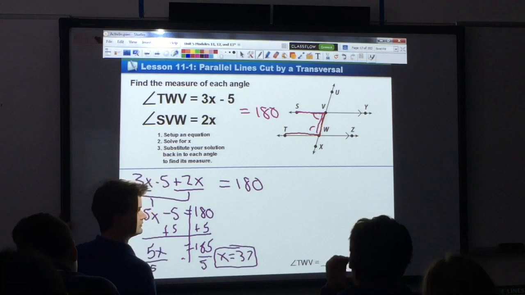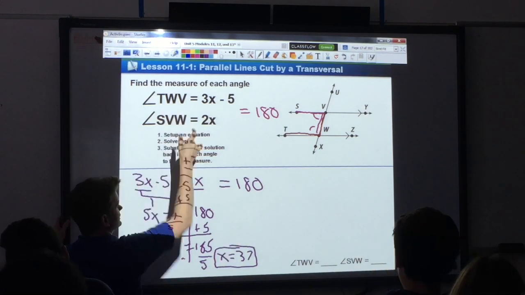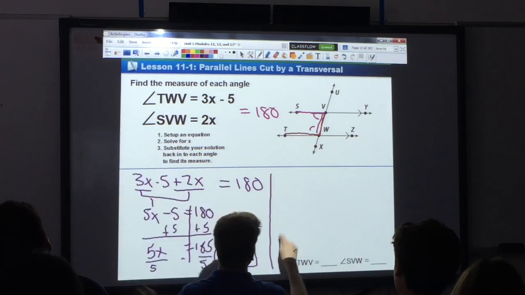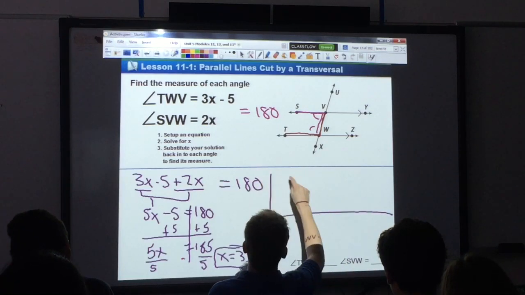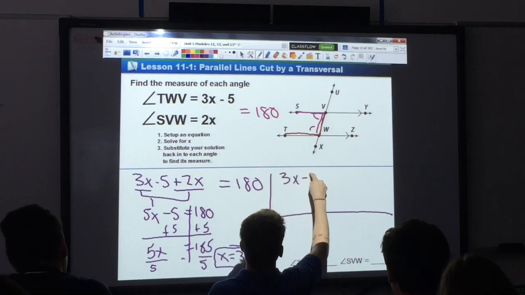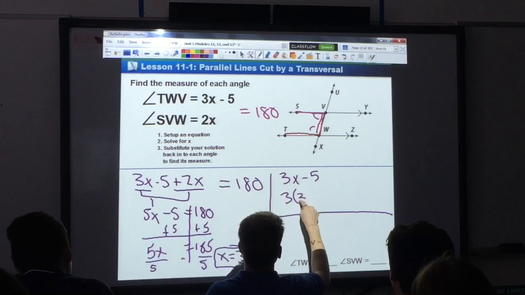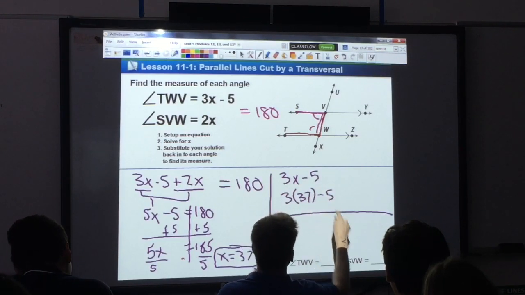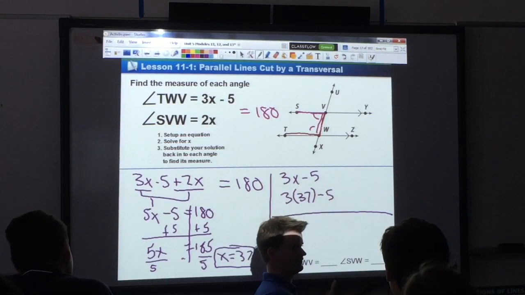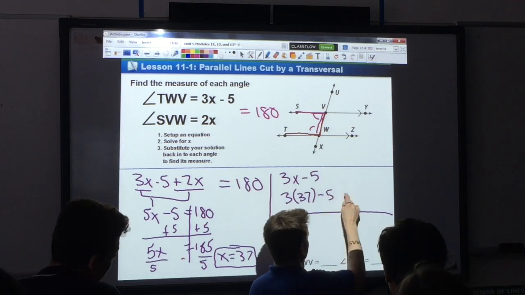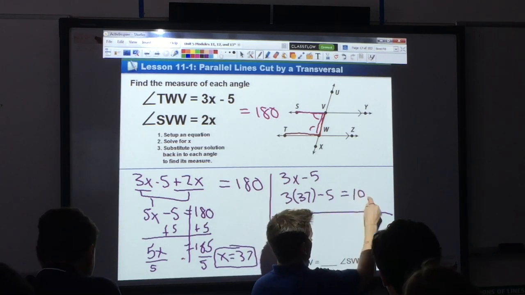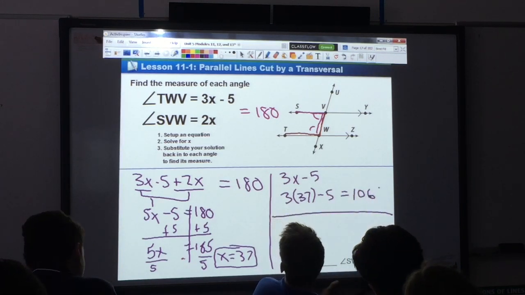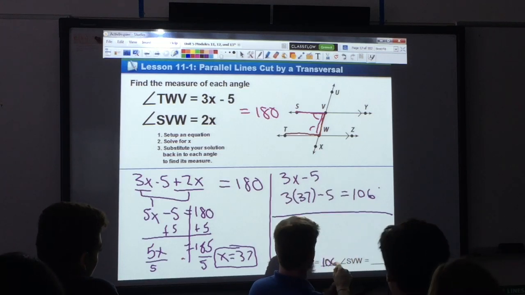Is that my answer, though? No. I have to substitute it back into these two expressions, which I will do now. The first expression is 3x minus 5. So 3x minus 5 becomes 3 times 37 minus 5. And anybody know what's 3 times 37? 111 minus 5 then gives me 106. So I know that TWV is 106.